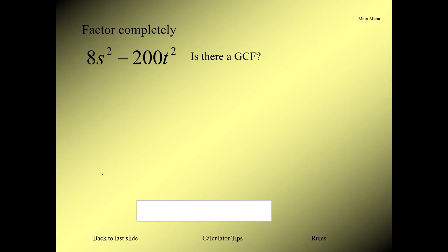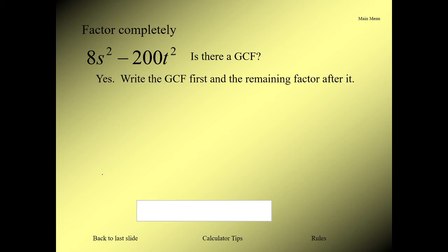Factor completely 8s squared minus 200t squared. Is there a GCF? Yes, obviously there's a GCF. You can factor out 8 and 200. Let's see, 200 divided by 8 is 25. So 8 is our GCF. Then we factor, so s squared minus 25t squared.